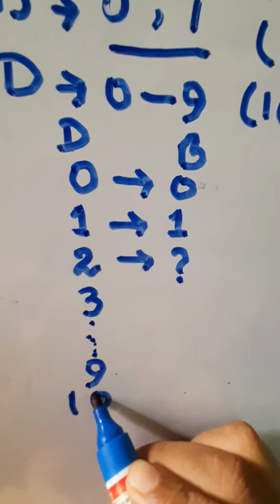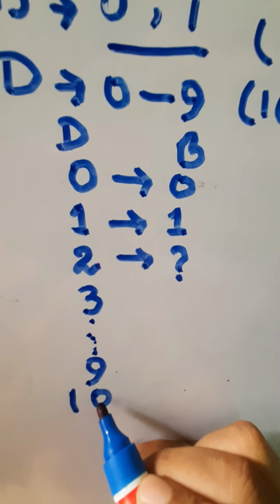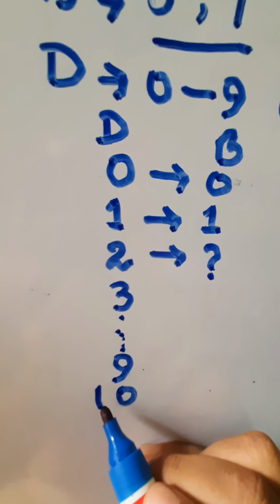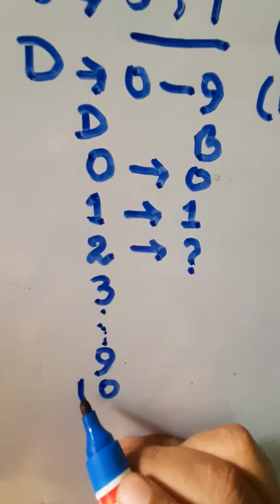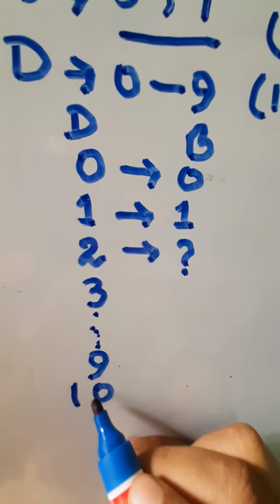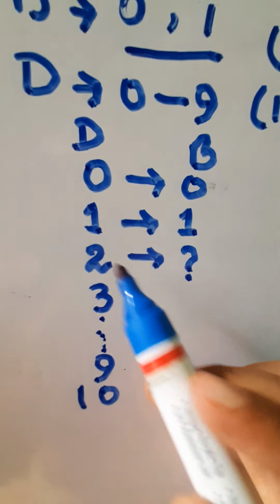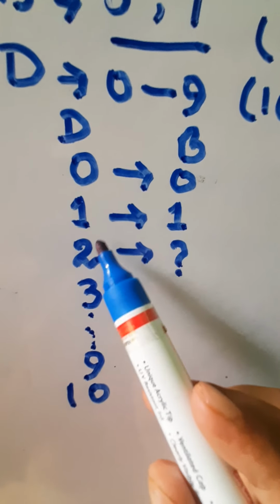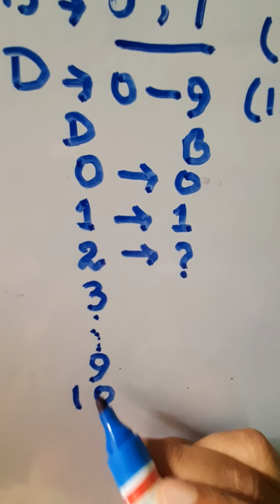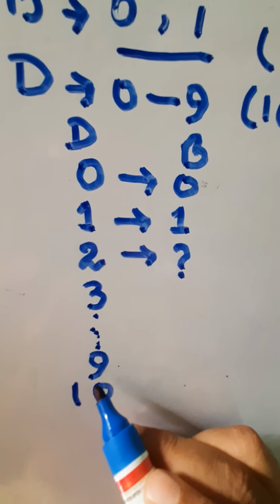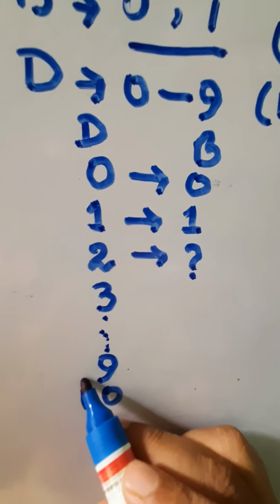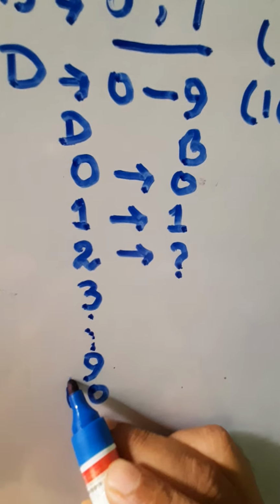Because in the unit position we put 0 and in the tens position we put 1. Why do we put 0? Because all the digits 1 to 9 have been used, so there is no place left, so we put 0 here and 1 here. Okay, now see this.